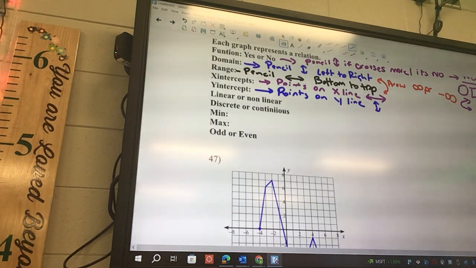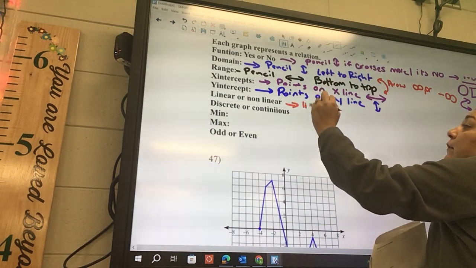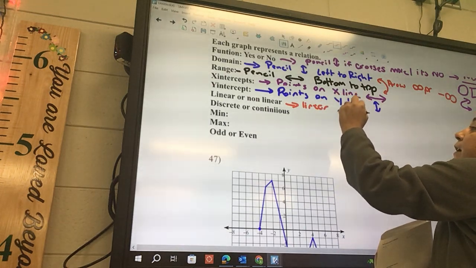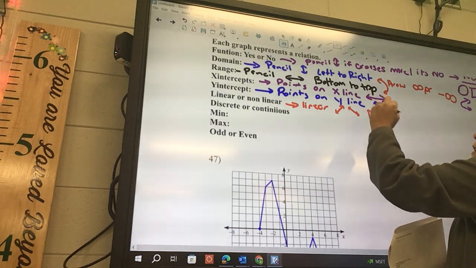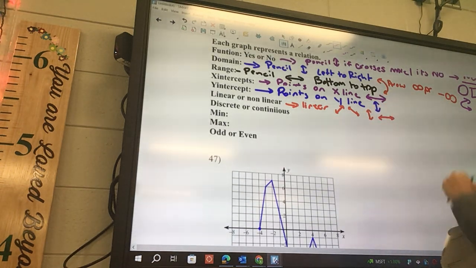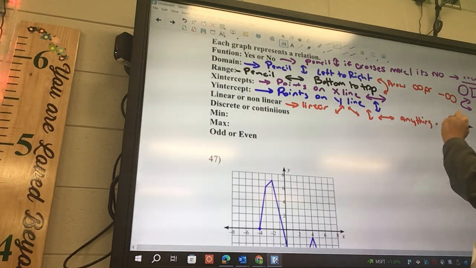Okay, linear or non-linear? How do you know if it's linear or non-linear? Straight. If it's a perfectly straight line, it's what? Linear. Okay, any sort of crookedness is non-linear. Okay, so linear is gonna be like this, like this, up and down, sideways. Okay, anything else is non-linear.